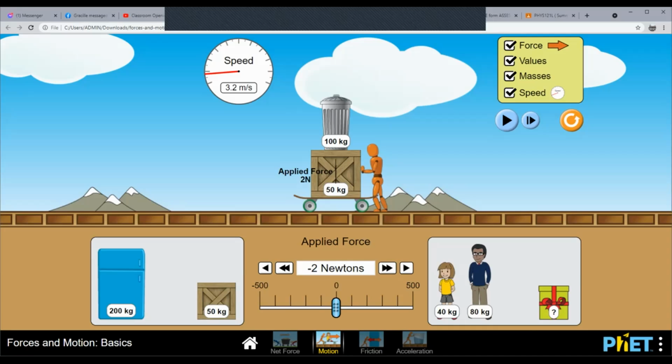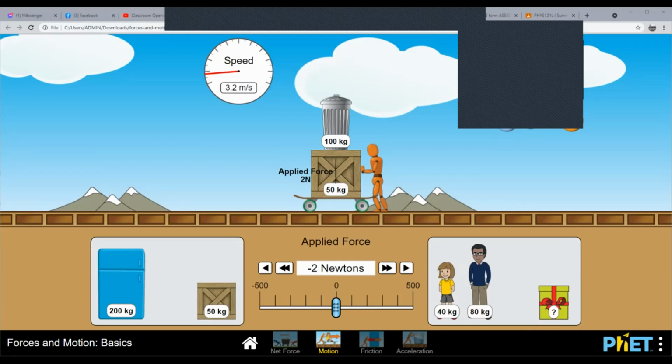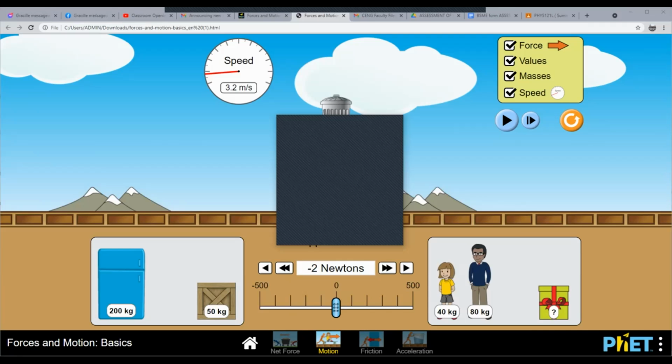Okay, so pag may motion, what's our conclusion? Force is equal to mass times acceleration.